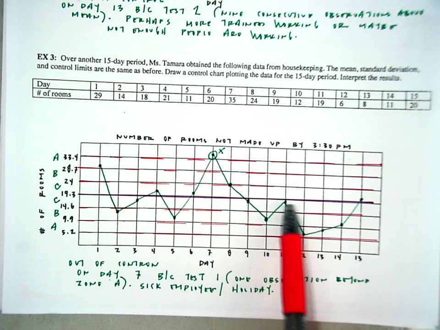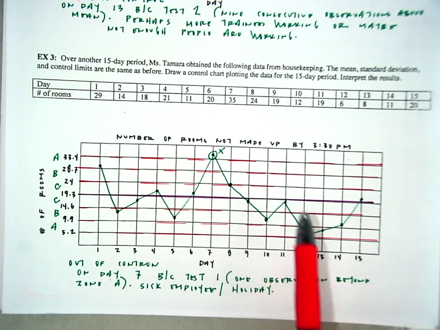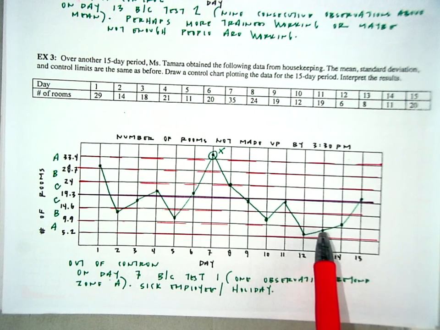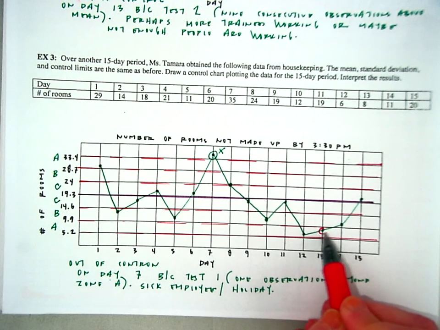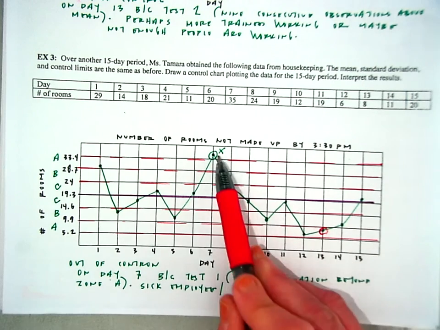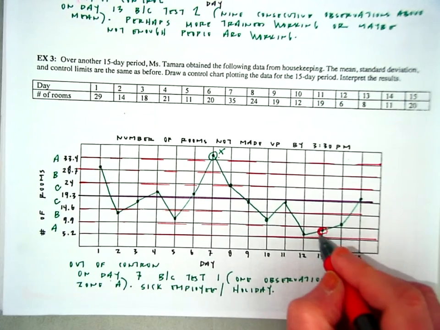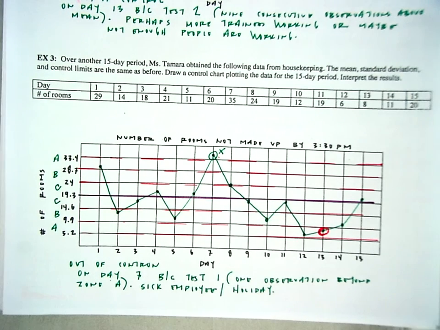And it's always on that 3rd day. So here's 1, it's on the lower side of the mean. And then here, these are the 2 of the 3 that are in zone A. So I could also see that if I hadn't noticed a red flag over here on day 7, I would have seen another issue over here on day 13. And on day 13, that would have been test 5, 2 of 3 observations in a row on one half of the chart.